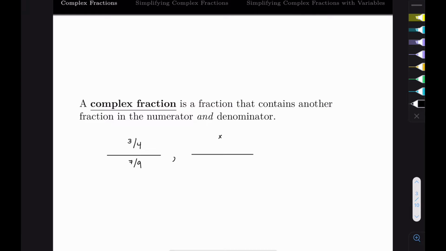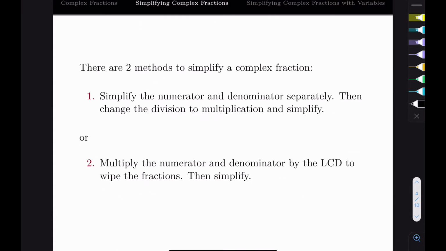So I can have x over x plus 2 in the numerator, so a fraction within the numerator, and then another fraction in the denominator. And again, plenty of options for what these look like. These are just two, but you have fractions within fractions. So we really have two main methods to simplify these.